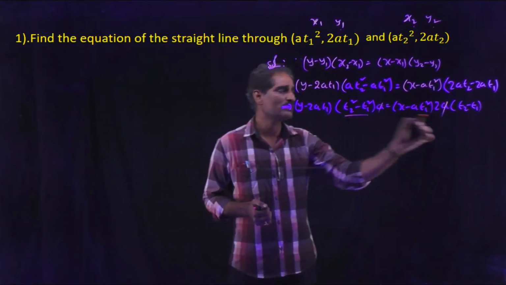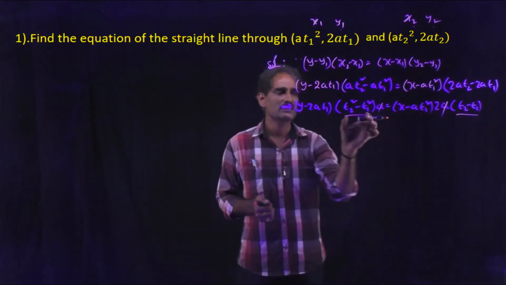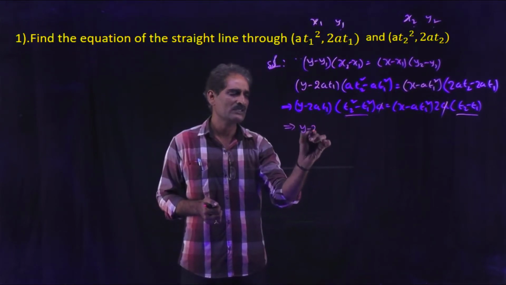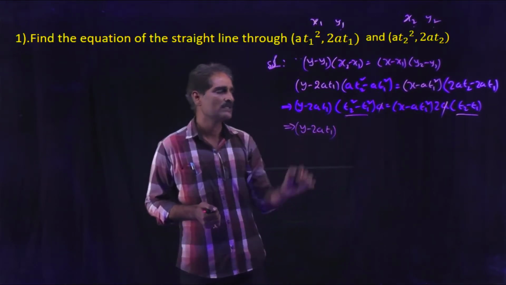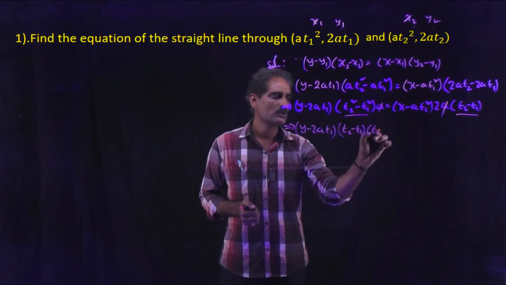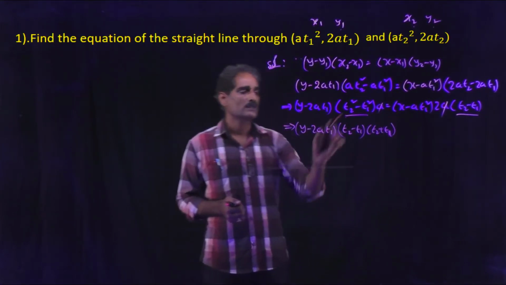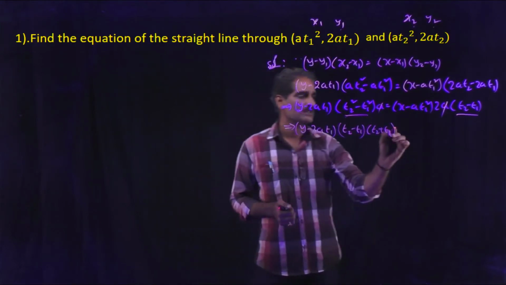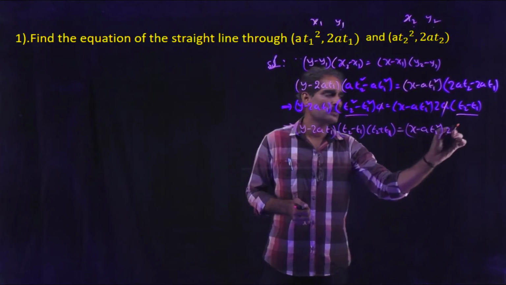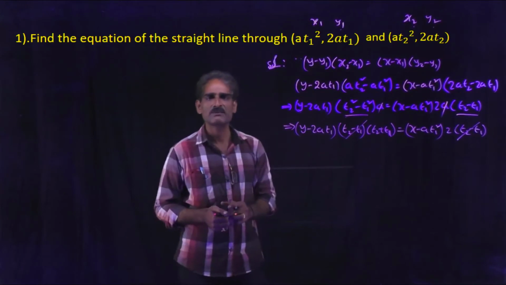And just observe these two terms: a square minus b square, a minus b. Here we can write (a plus b) into (a minus b). This implies (y minus 2at1) into (t2 minus t1) into (t2 plus t1) is equal to (x minus at1 square) into 2 into (t2 minus t1). These two terms will get cancelled.